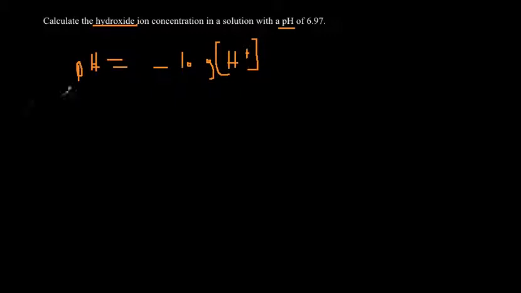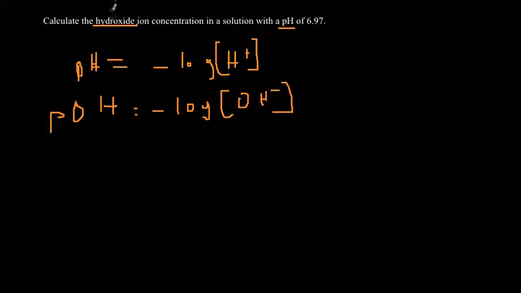And then we have pOH equals negative log of the OH minus. So it's asking us for the hydroxide ion concentration. So they want this right here. That's what they want. But they give you this.